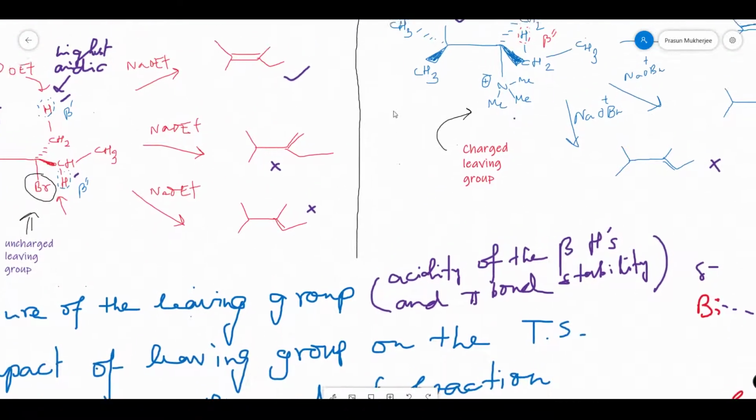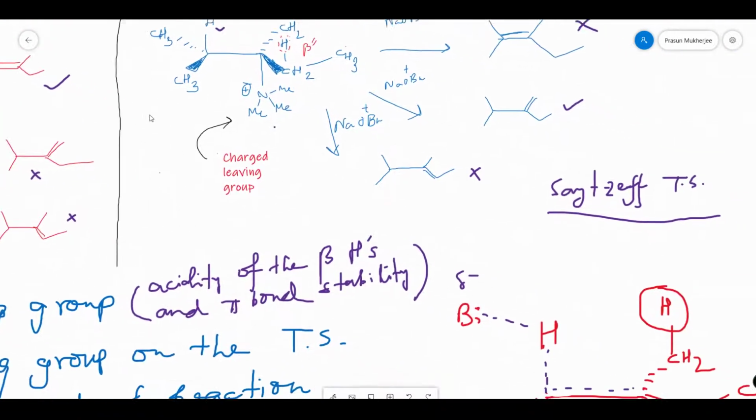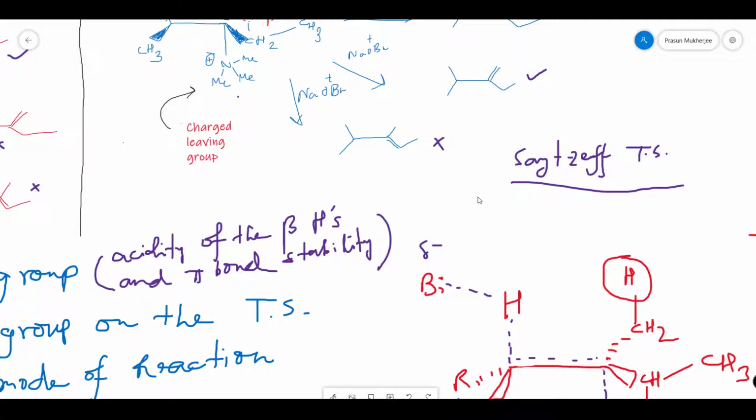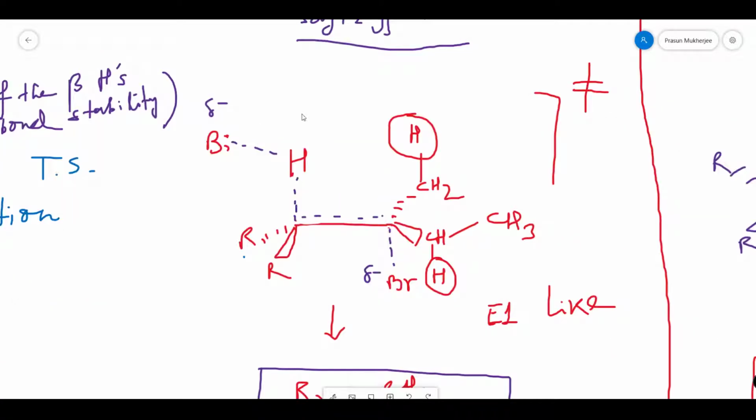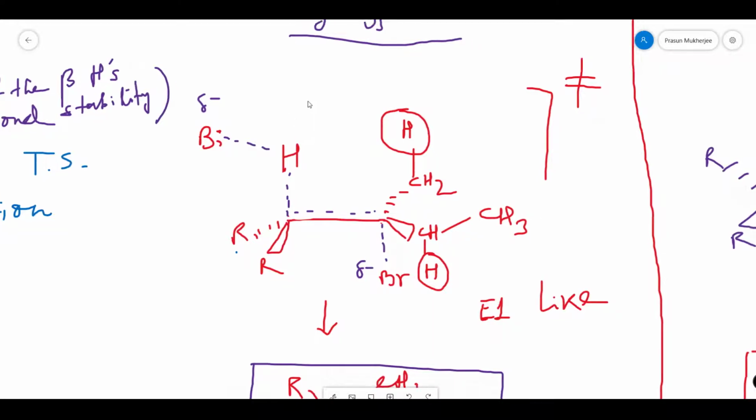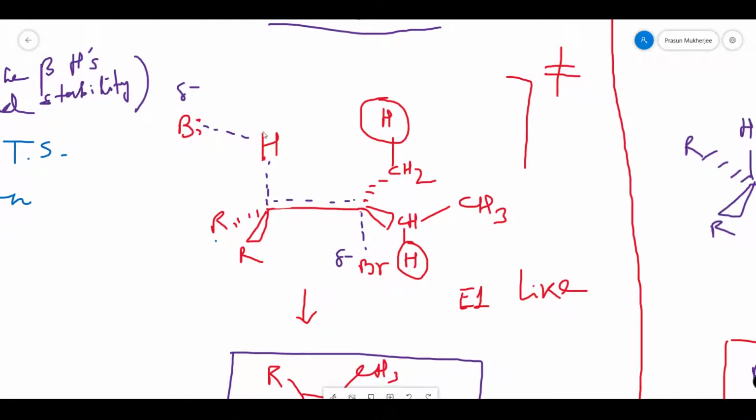So let's consider the transition states, or rather the mechanism of these two reactions. The base will abstract this beta hydrogen atom, and then this carbon hydrogen bond will break, the double bond will develop, and this carbon bromine bond, or carbon leaving group bond, will break.